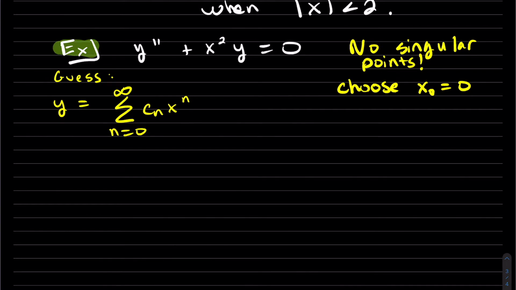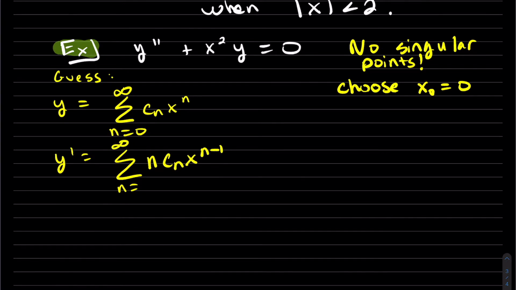So if this is my guess, I'm going to be plugging my solution into my equation, just like I always do on my guesses. But we also need to plug in the first and second derivatives of our guess. So I take the derivative, and we did this in the last video. We just do the power rule. It will be n c_n x^(n-1) to infinity.